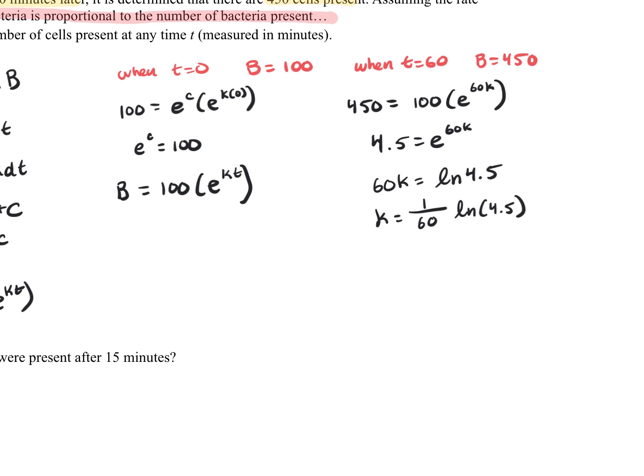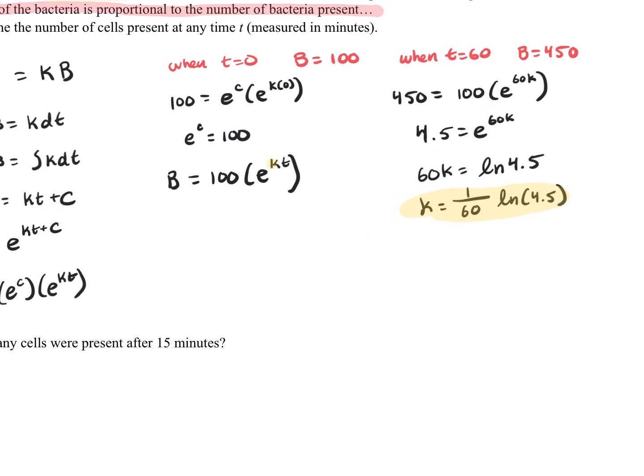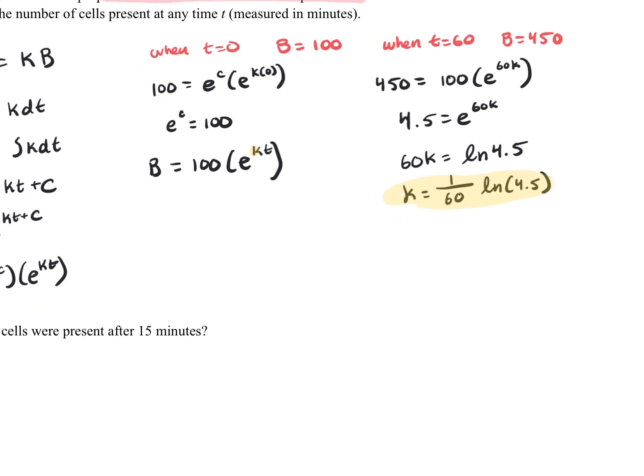So if I go to plug that back in, I'm going to take this and substitute it right here, and then we'll try to simplify. There's a couple different forms we can write our final answer in.